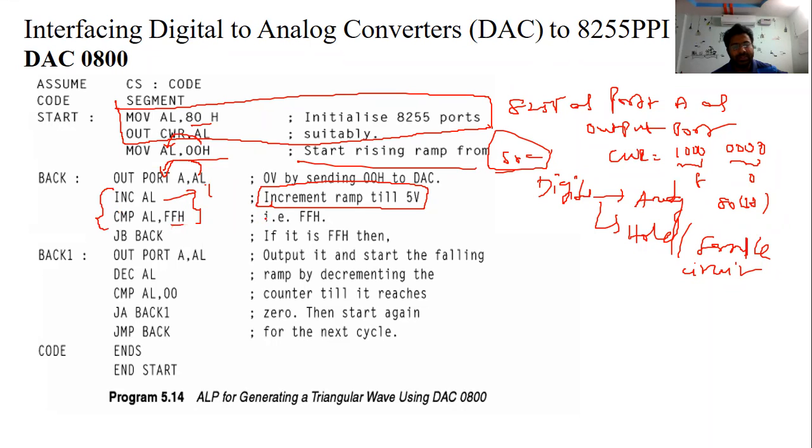Compare this to FFH. FFH will indicate the triangular wave. The remaining program is the same.